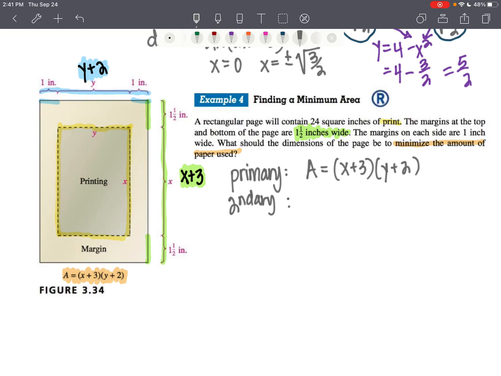I said the area of the printing is 24 square inches, and that's x times y. So x times y equals 24. Let's use that secondary equation to get rid of y in the primary equation. So y equals 24 over x.